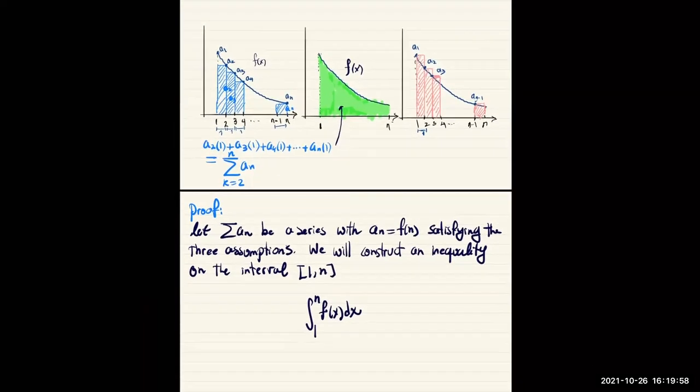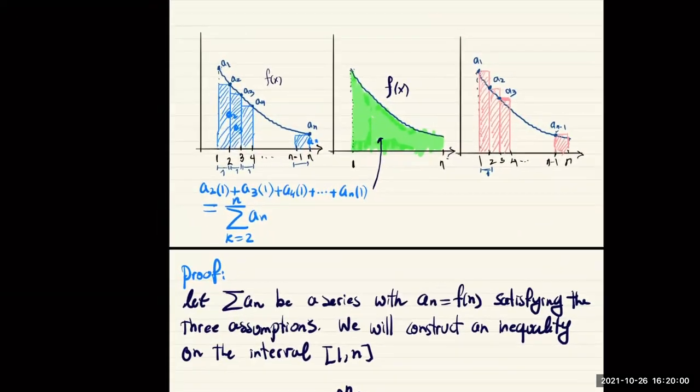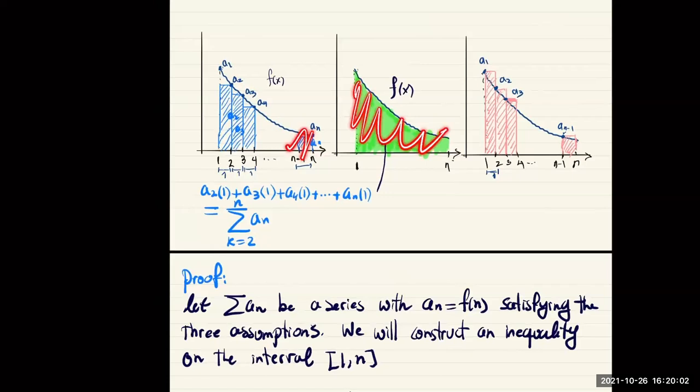All right, now if you compare these two areas, this area with the sum of the area of these rectangles, you can see that the green region has a larger area than the sum of the area of these rectangles, right? You guys do see that clearly, I hope.